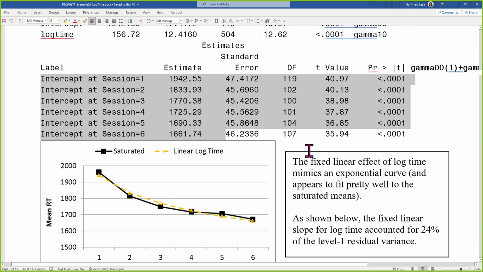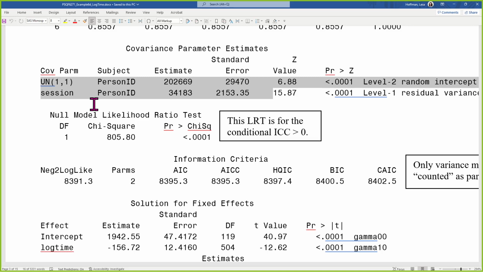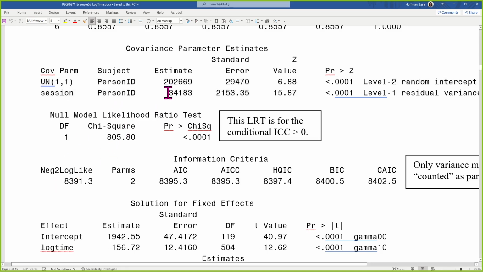In terms of effect size, let me get to the model here. I've got two different kinds of variability in my model. Which one of those should have been reduced by adding in a fixed effect of log time? Level 1, because log time is a time varying predictor. So relative to what the model was without it, then this is what it became.